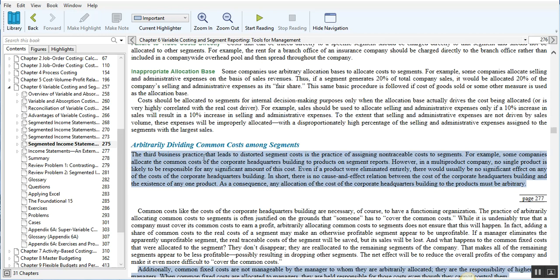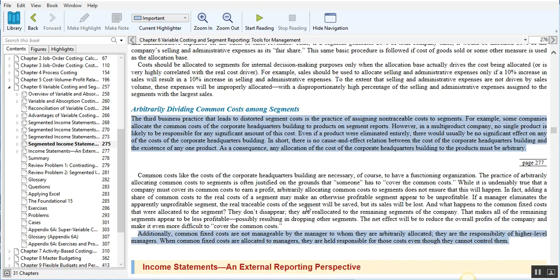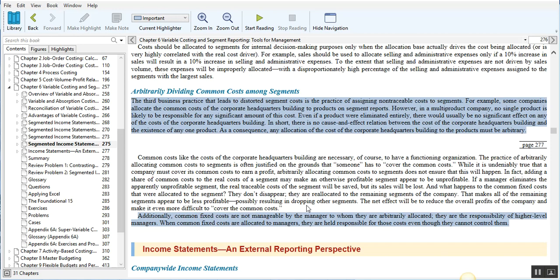And then there can be some issues with arbitrarily dividing out costs that are common costs between segments. The example they give is the corporate office building, and how do you allocate that? They talk about how no single product is likely to be responsible for any significant element of that cost. And even if a product were eliminated, there would be no significant effect on whether or not that corporate office building continued to function.